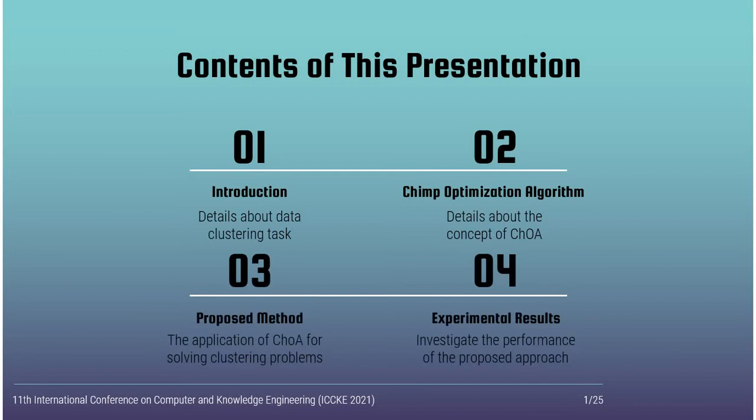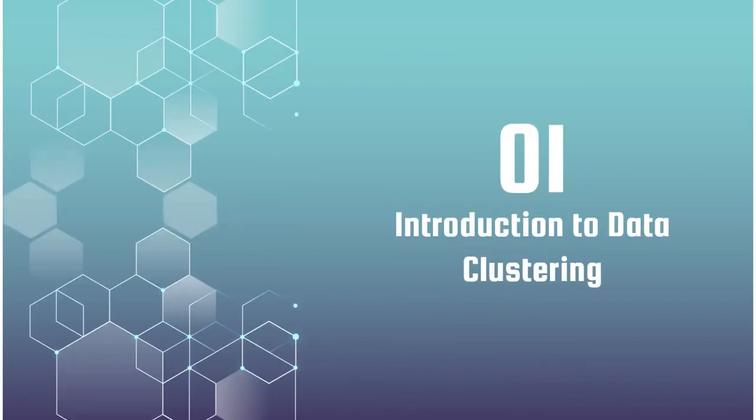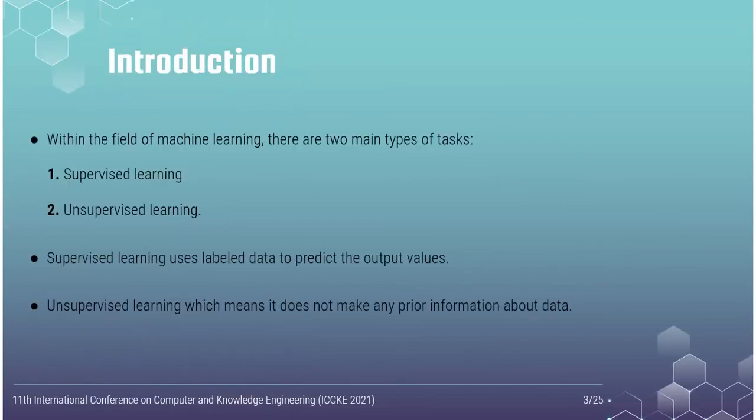After that, I will introduce our proposed work and the application of the Chimp optimization algorithm for the data clustering task. And finally, I will present the statistical results of our proposed work, compared against some well-known and recent clustering techniques. Now we go to the introduction part, which is about data clustering.